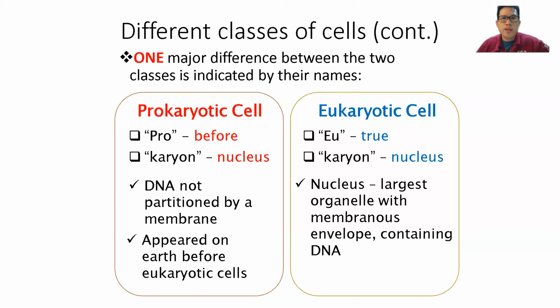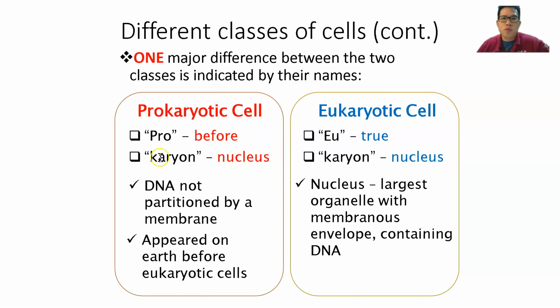So when you're looking at the difference between different cells, one major difference between the two classes is indicated by the names. If you're looking at the prokaryotic cells, pro means before, karyon means nucleus. So it's basically a cell that is before the nucleus, a true nucleus.